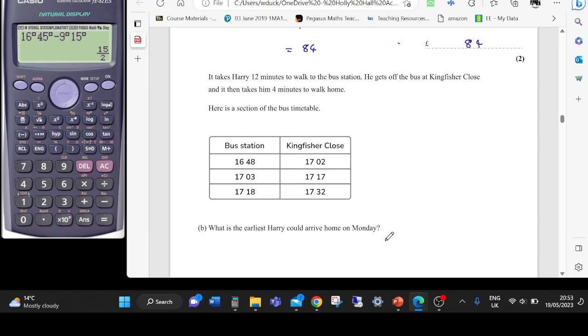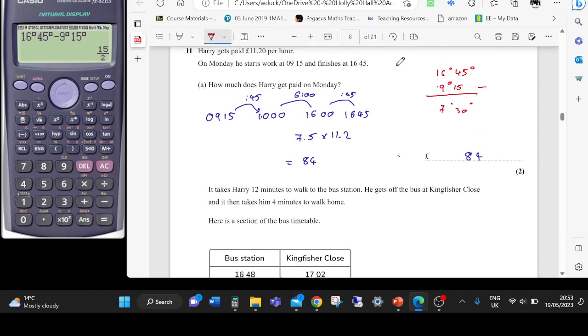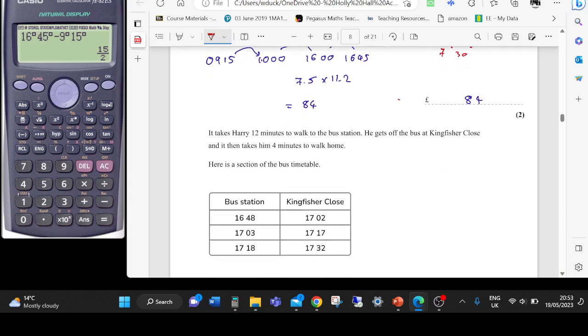So we're starting at this time. So we're saying in effect 16:45. We want to add on 12 minutes. So that means that the earliest he can get to the bus stop is 16:57.